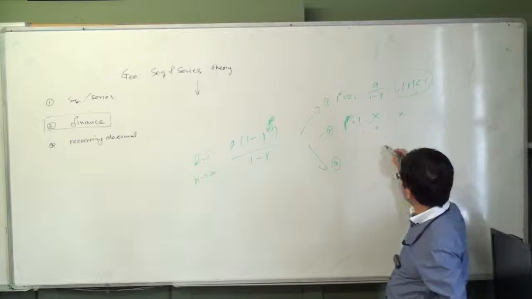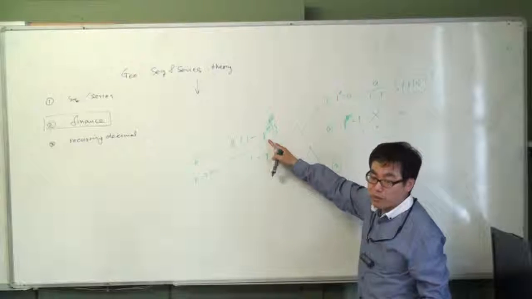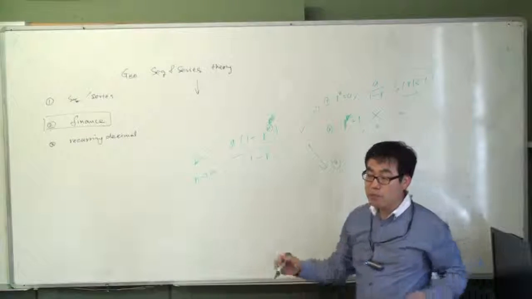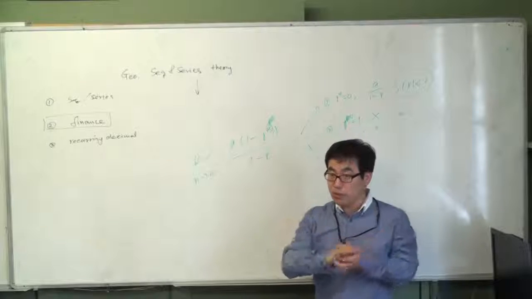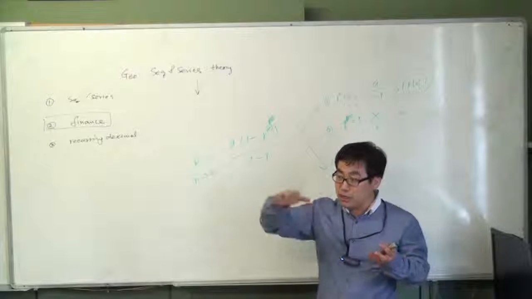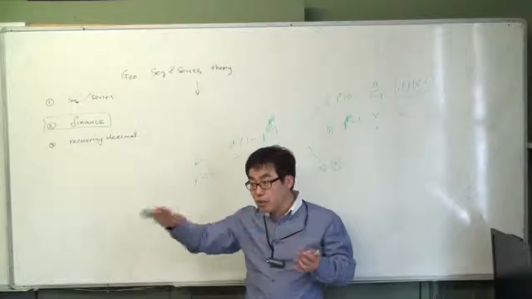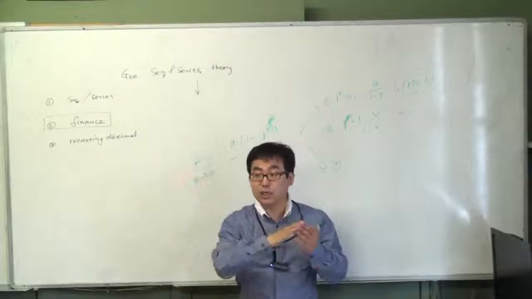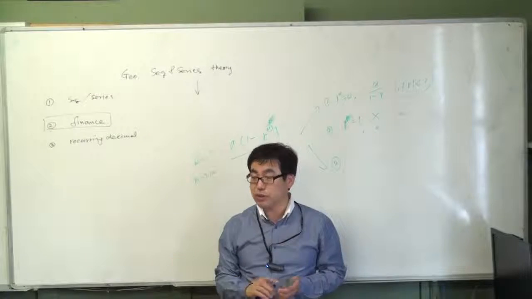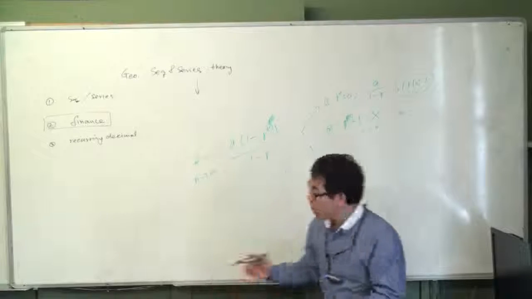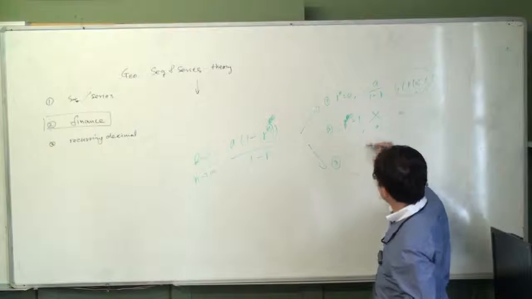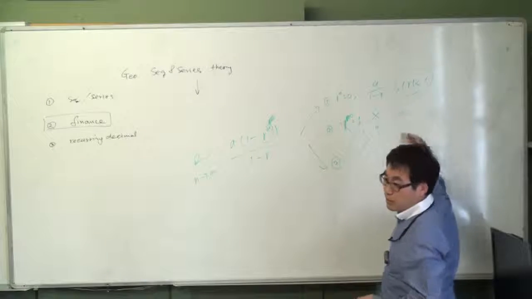Then what about if R is bigger than 1? The sequence becomes increasing, slowly or faster. Anyway, it's exploding eventually. So what's the answer? Doesn't exist. So in those cases, the answer does not exist.